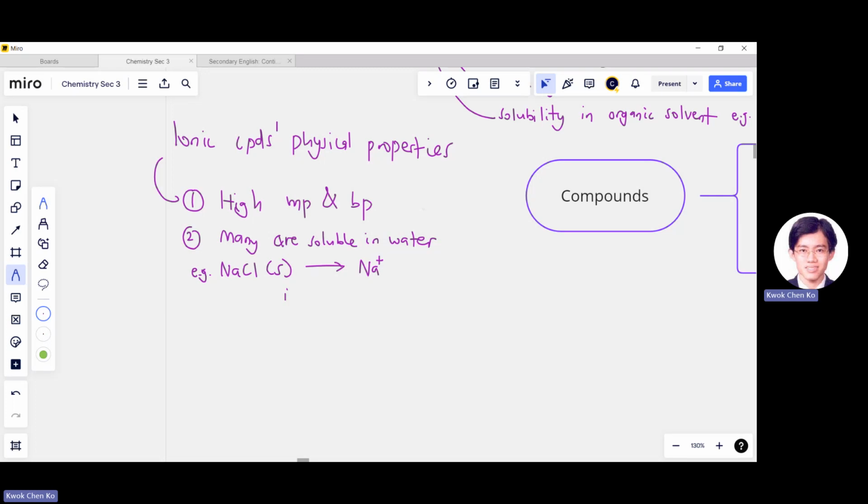So this is what I call ionization. Here S stands for solid, but importantly, what state do I put here? They are now in aqueous state.